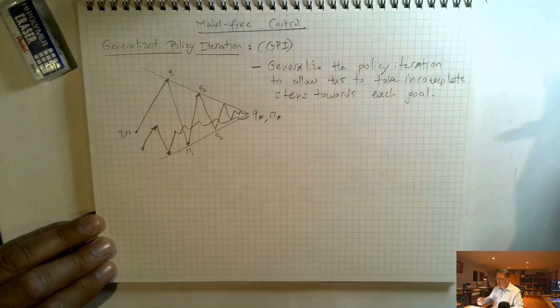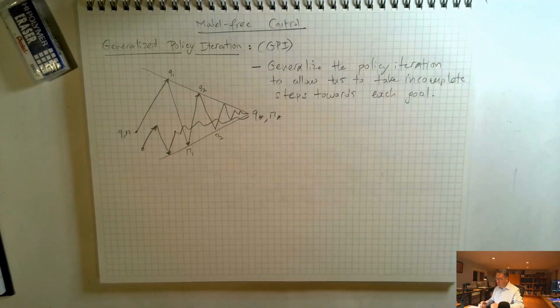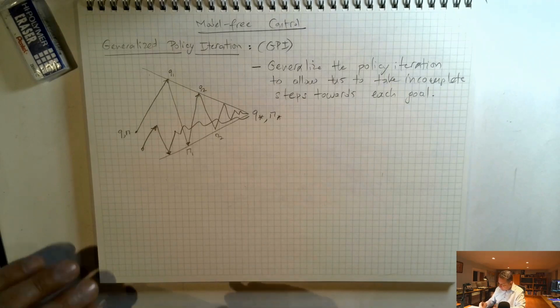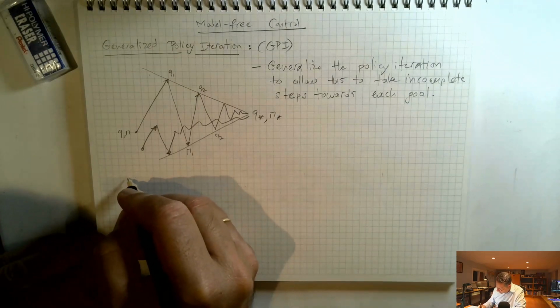So another key distinguishing attribute of various kind of model-free control algorithms is whether or not they're working with the so-called on-policy assumption.